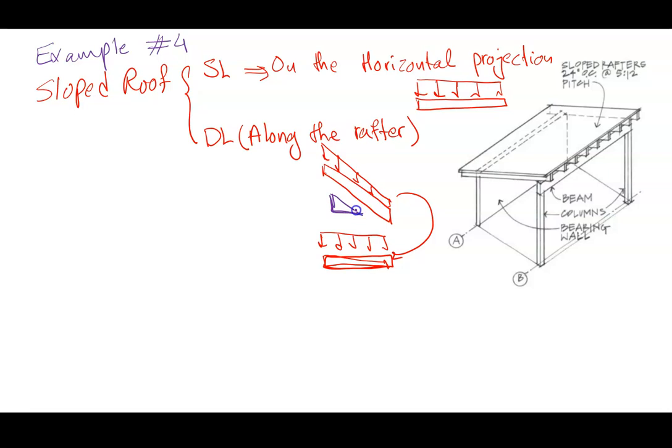So for example, if roof pitch is 5 to 12, that means that this side is 13. So if we have 100 PLF here, the adjusted load is 100 PLF times 13 divided by 12.